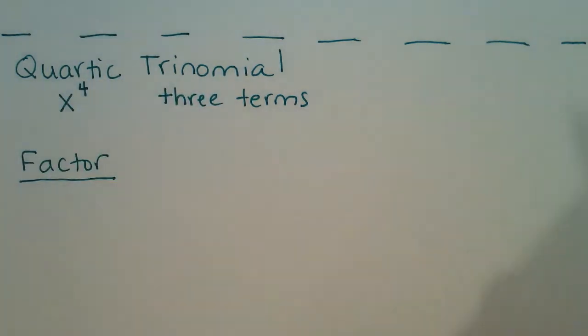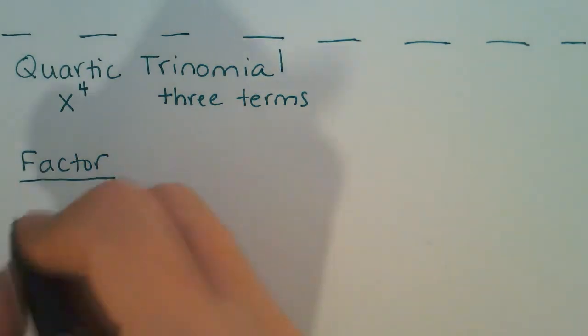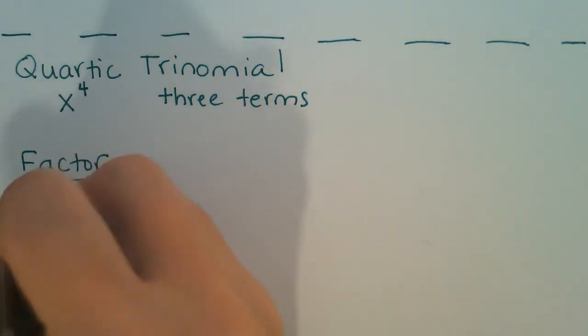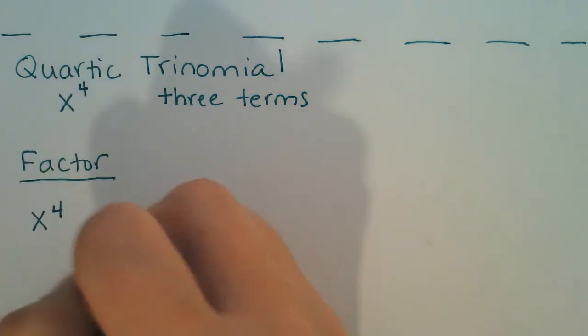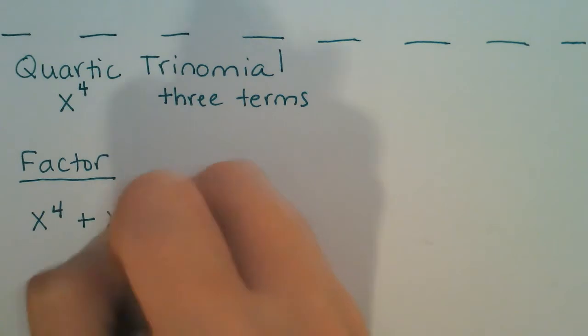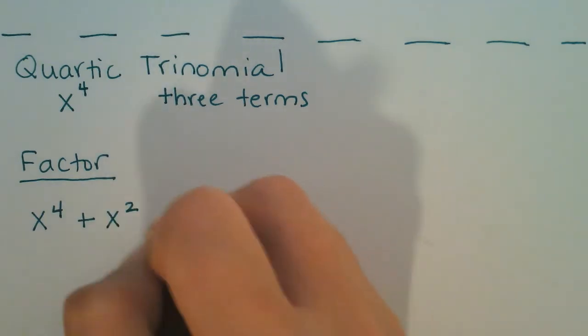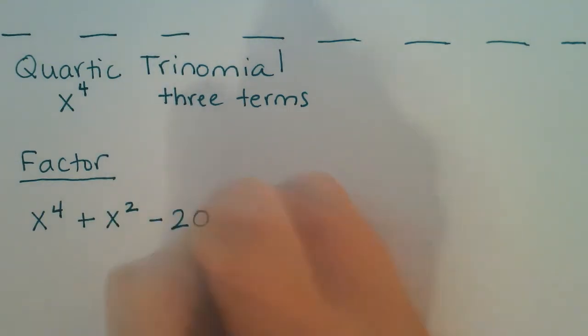The directions will just say factor. It won't be too much more complex than that. So we'll factor x to the 4th plus x squared minus 20.